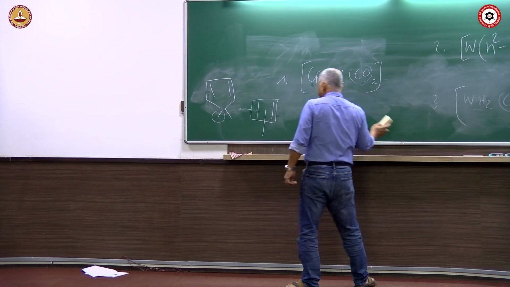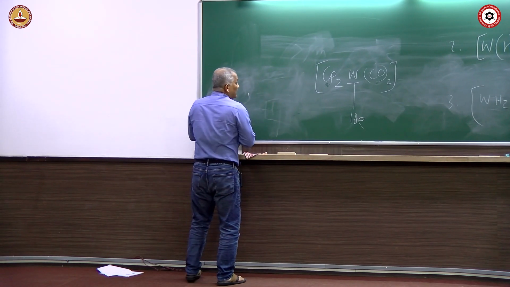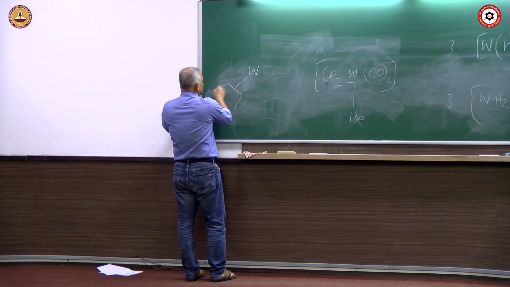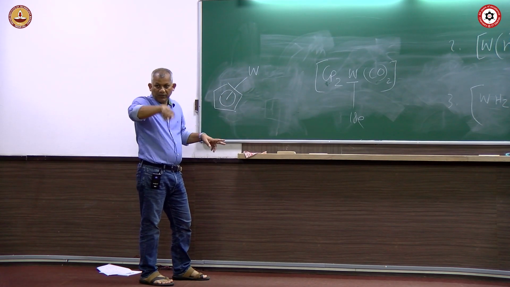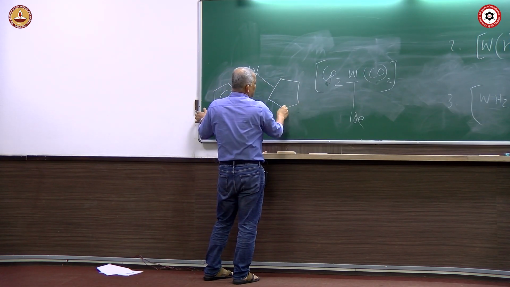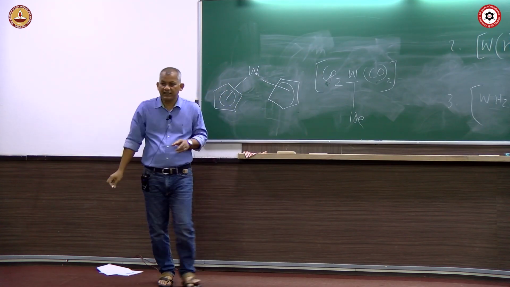So the structure of this molecule would be: you have a tungsten, this is eta 5 completely, and another one would be eta 3.